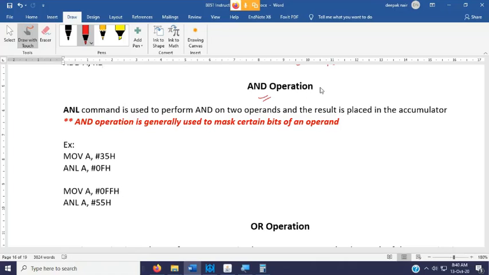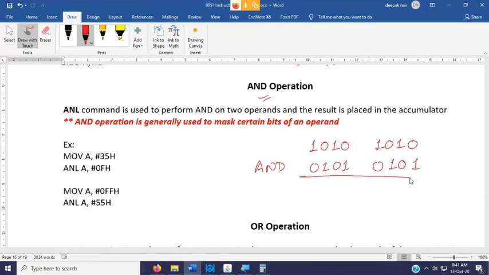Generally, we keep in mind that AND will be ANDing the bits. For example, if I AND 1010 with 0101.